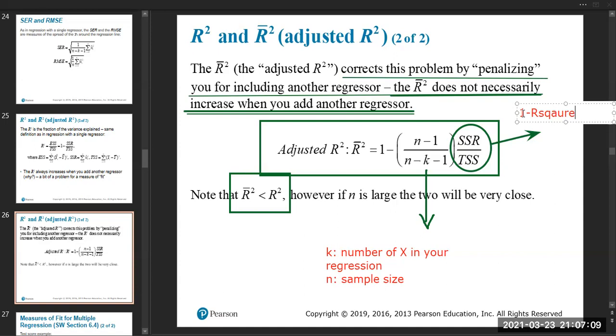So this part is 1 minus R square. And adjusted R square is always smaller than R square. This one will also show up in your multiple choice.